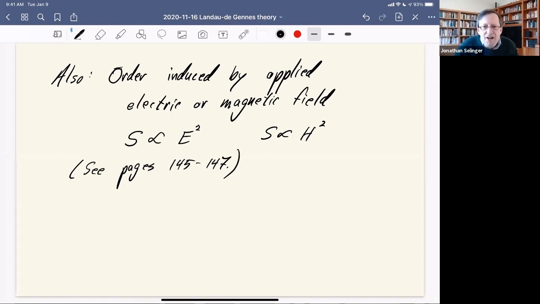That's not bad for a theory which has no assumptions other than symmetry and smoothness of functions.